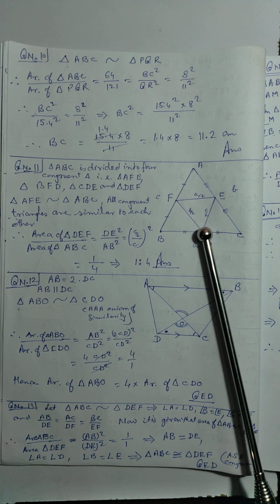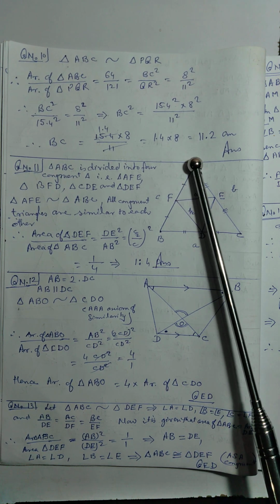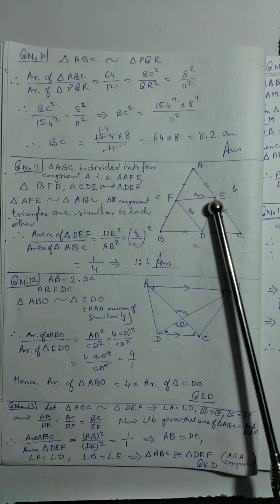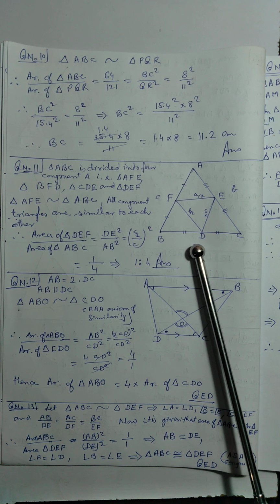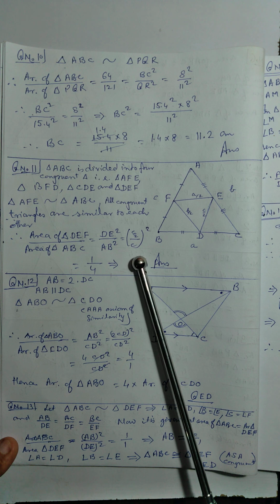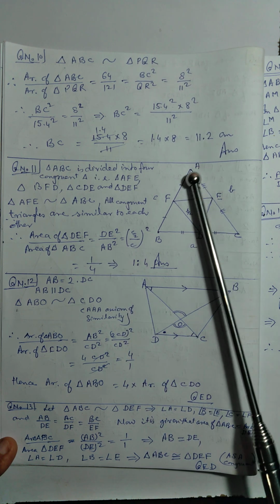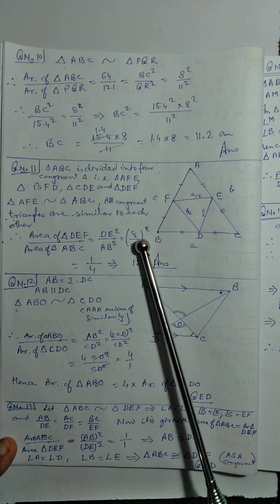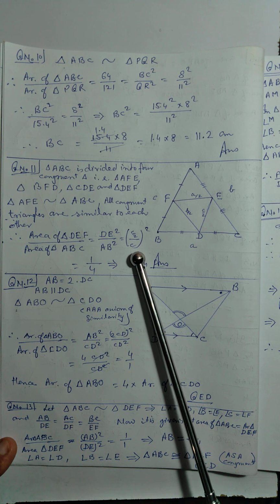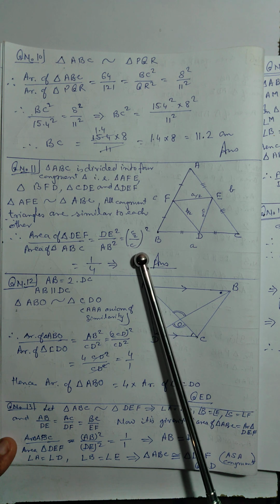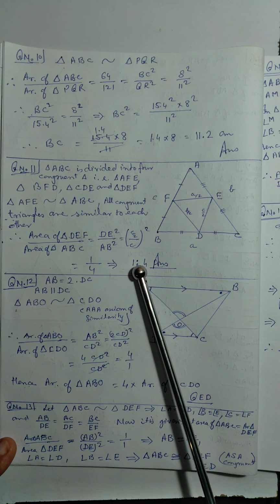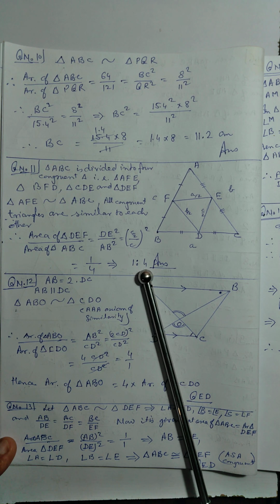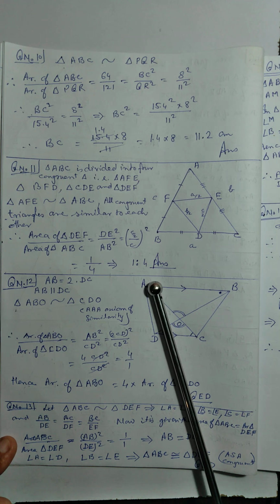D E is C by 2 because this is ABC, so this will be equal to small letter C by 2 divided by C. AB is equal to C. So I have written here C by 2 upon C. C cancel. 1 by 2 का स्क्वायर करोगे तो 1 by 4 आएगा. So the ratio will be equal to 1:4. And this was to be proved.